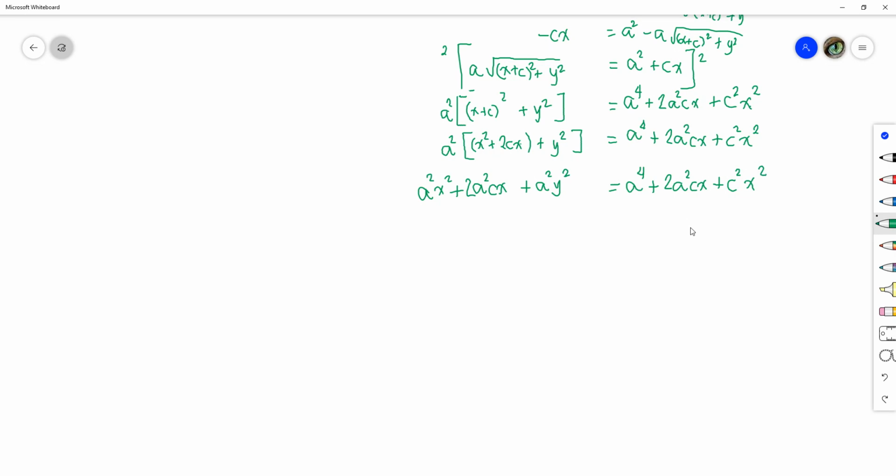As we can see here, on the left side and the right side equation, there is a common term, and we can cancel out those common terms. So this 2a squared cx can be cancelled out. What remains is we have a squared x squared plus a squared y squared equals a to the 4th plus c squared x squared.